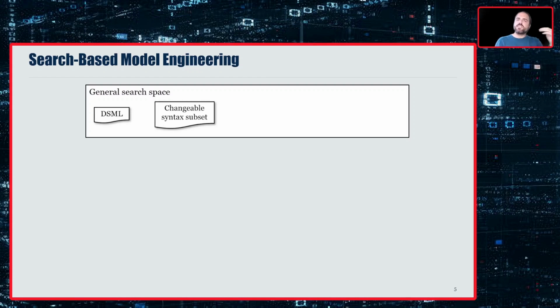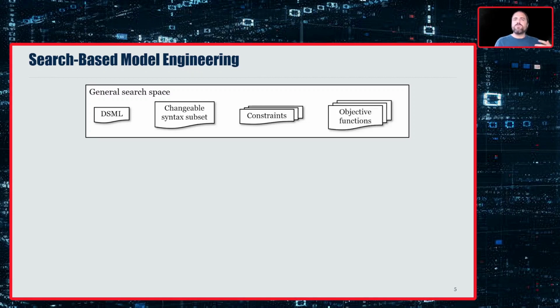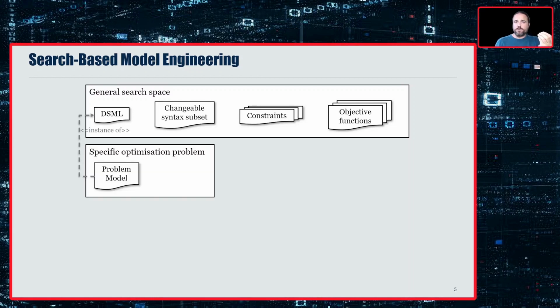There may also be additional constraints that aren't captured in the DSML directly. And finally, we need to provide a set of objective functions. Both constraints and objective functions are essentially queries over models, producing a Boolean or a numerical value. They could be expressed using a standard model query language, for example, OCL, but they can be any arbitrary computation, including simulation runs, and so on. A specific optimization problem is then defined by giving a model written in the DSML.